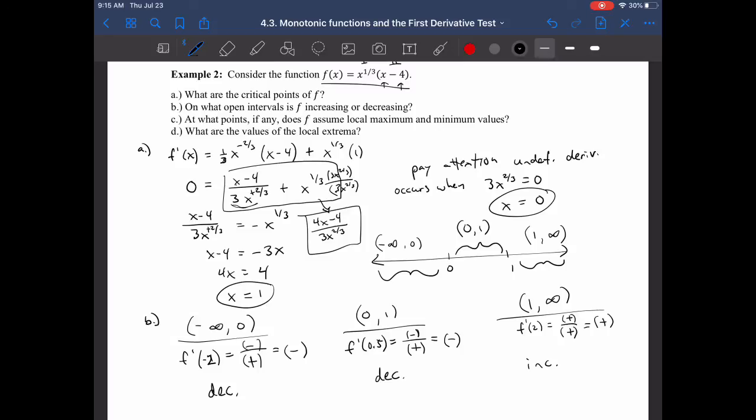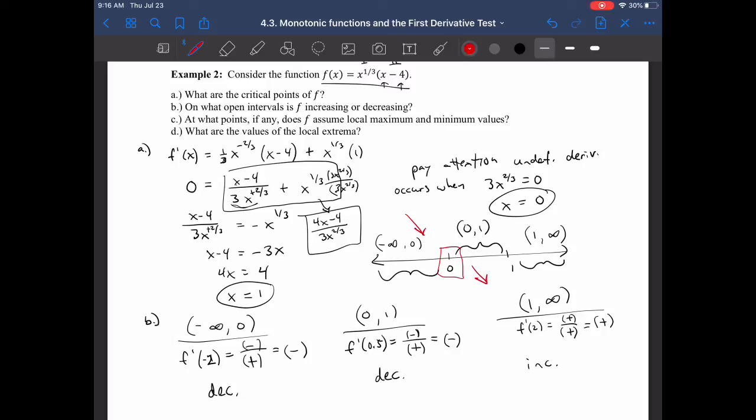And so the next part says, at what points, if any, does f assume local maximum or minimum? Well, if we look at the point for 0, in other words, if we look at this point right here, we see that we're decreasing to decreasing.